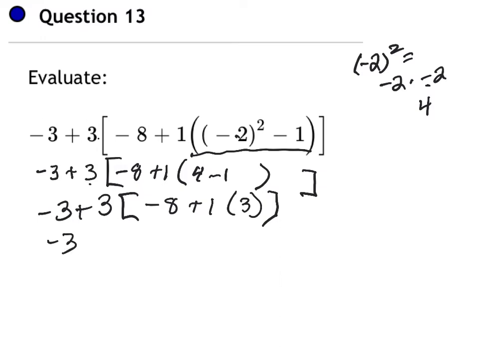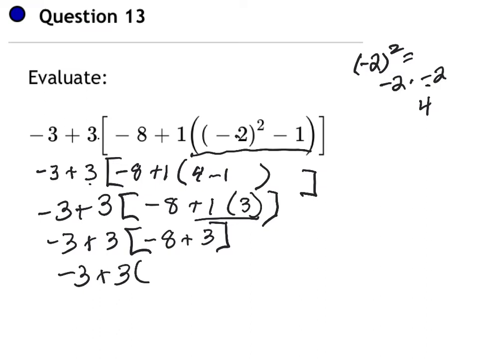So negative 3 plus 3, bracket, negative 8 plus 1 times 3. So we're going to do that. Negative 8, 1 times 3 is plus 3. So negative 3 plus 3, I'm going to change this to parentheses. Negative 8 plus 3, signs are different, subtract, take the sign of the larger. 8 minus 3 is 5, 8's bigger, so that's a negative 5.